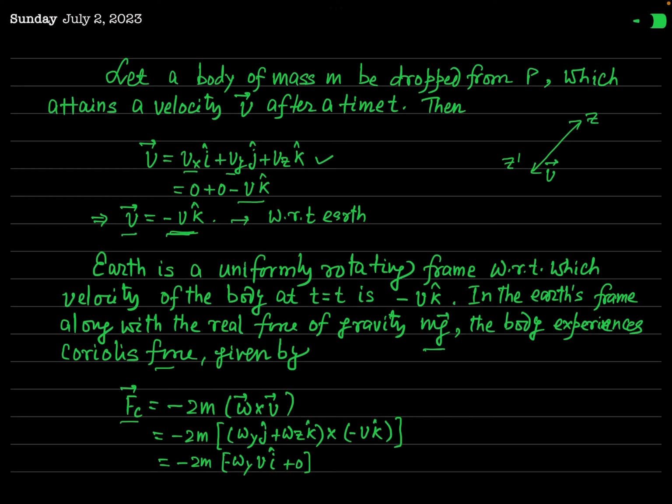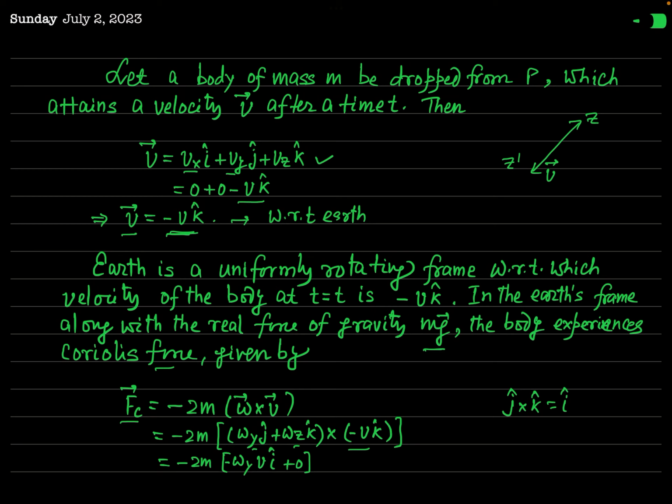Okay, and you have learnt that this omega is omega y j plus omega z k, and v is equal to minus v k. Now find the cross product. You know j cross k is equal to i.